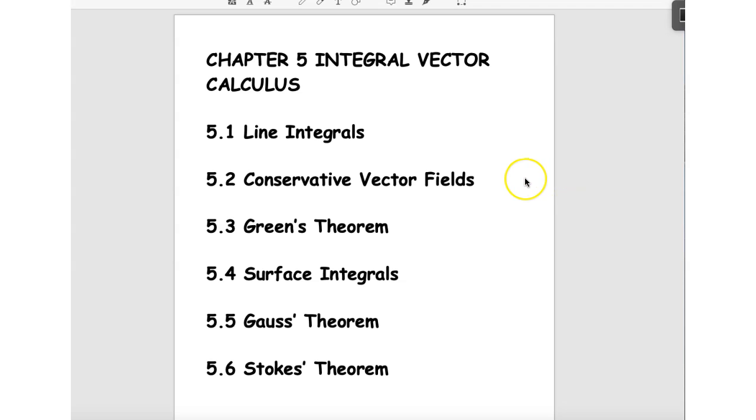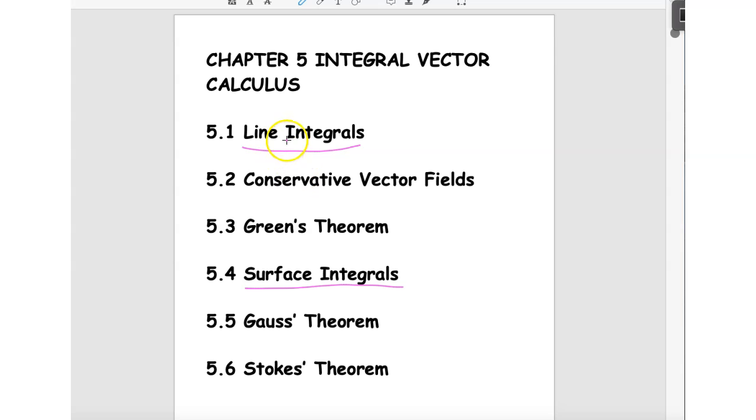Okay, so what is the thing that we want to focus on in this chapter? We have two important things here. The first one is line integral, and the second one is surface integral.